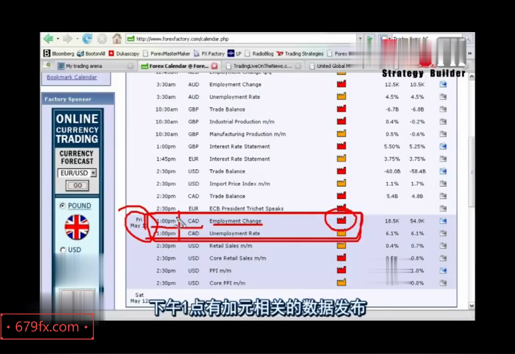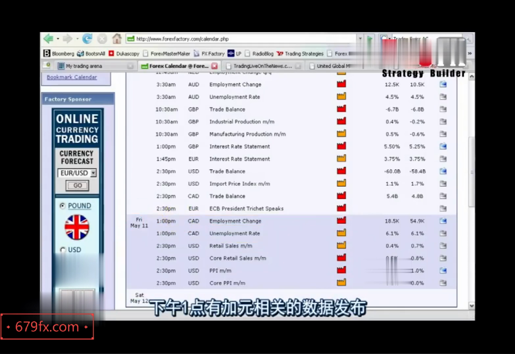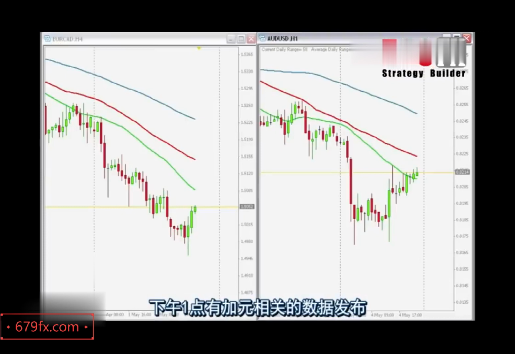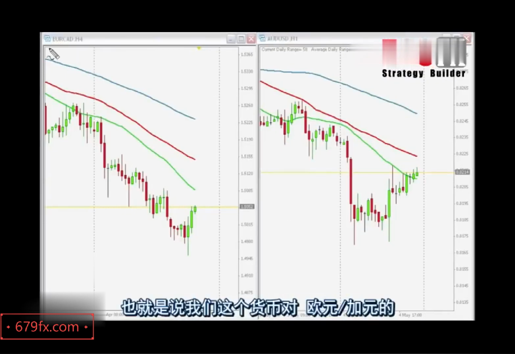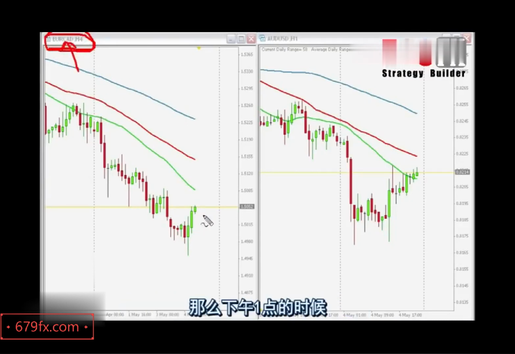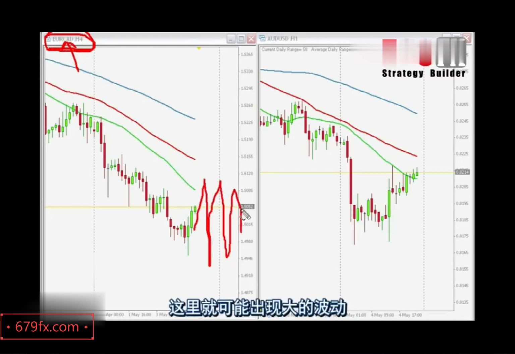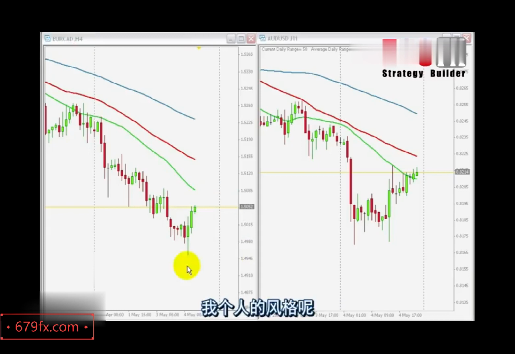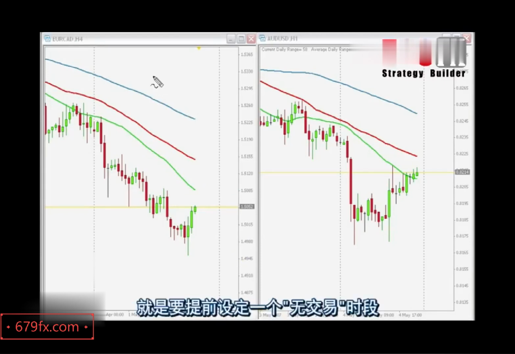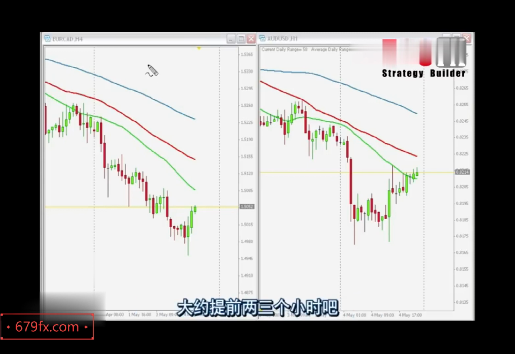So we know that at 1 p.m. we have news coming out for the Canadian dollar, meaning that this chart, since it is related to the Canadian dollar, could potentially see some random spikes at 1 p.m. The way I personally trade is to impose on myself a blockout period for 2 hours prior to the news.